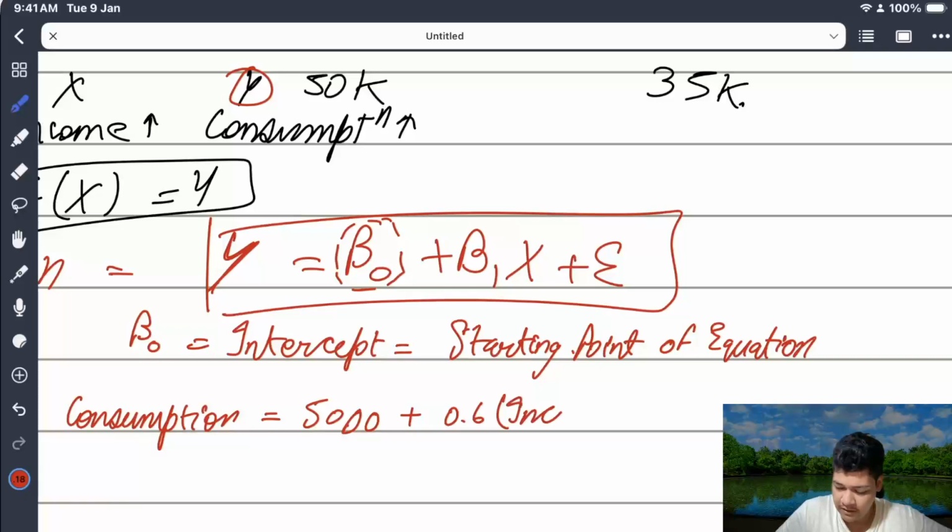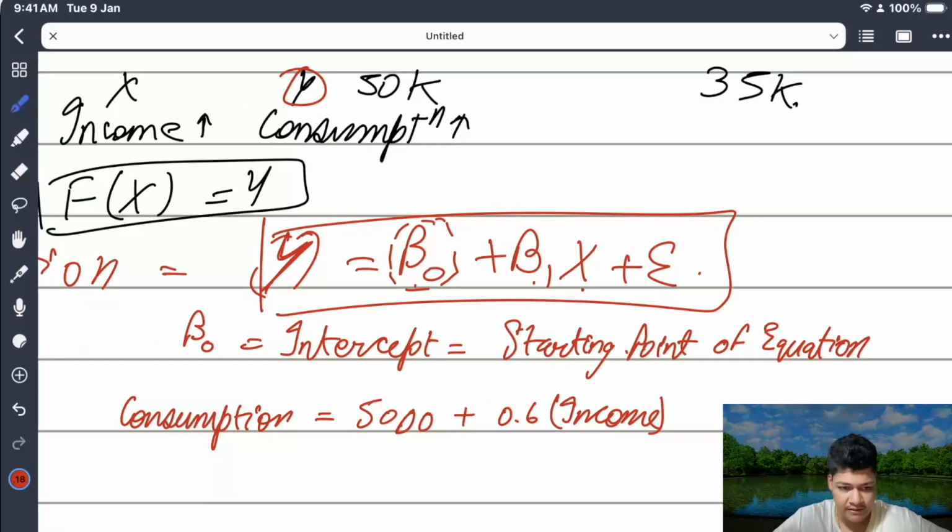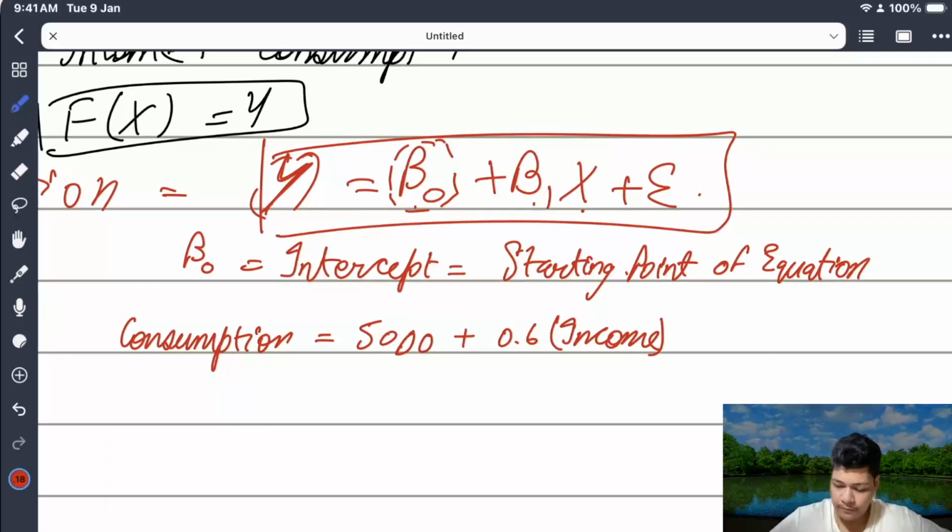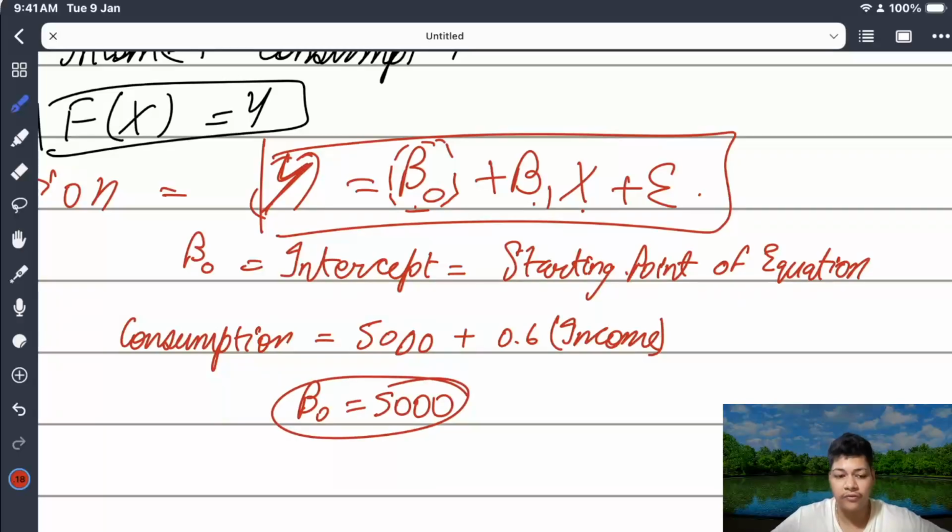I have simply rewritten this equation: Y is consumption, beta naught is 5,000, and beta 1 into X is the income, where beta 1 is 0.6. So beta naught is equal to 5,000. That is the intercept, the starting point of the equation.